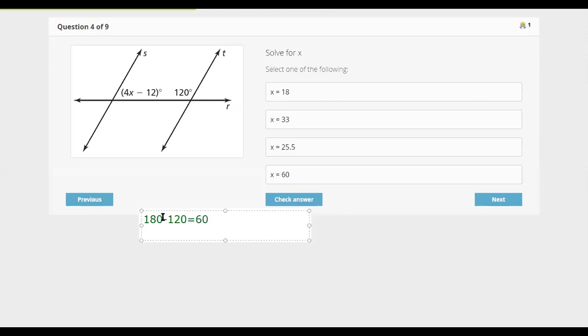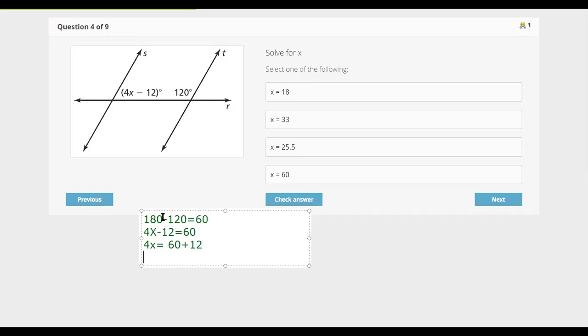Equals 60, which means 4x minus 12 equals 60, right? And this way, I think the equation will be easier. Then 4x equals, what is the next step, grade 8? Transfer negative 12, so it will be 60 plus 12. Very good.